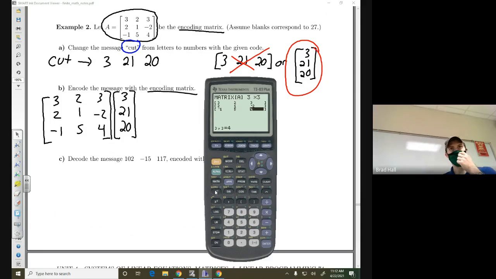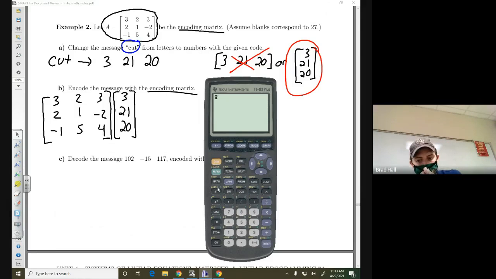And then we can program the matrix on the right as matrix B. Second matrix is a 3 by 1 matrix. 3, 21, and 20 for the second matrix. Again, notice how the alignment of that second matrix is a column to match the alignment that we have in the notes here. They should not be left or right, or else the calculator will give you an error.